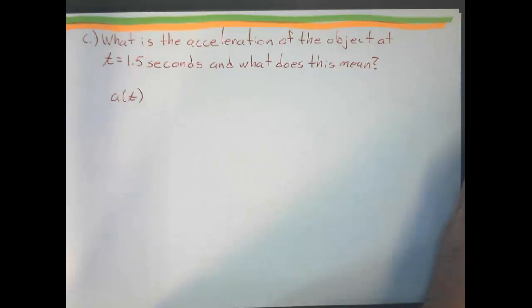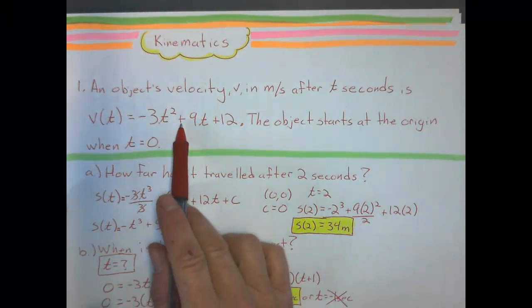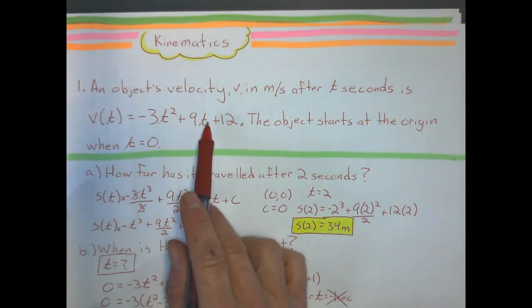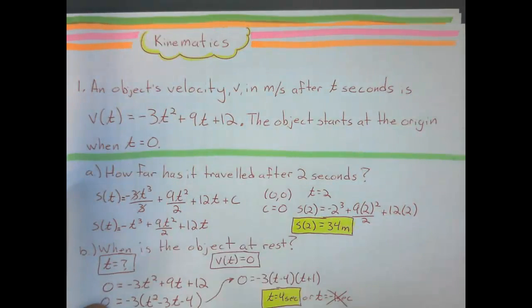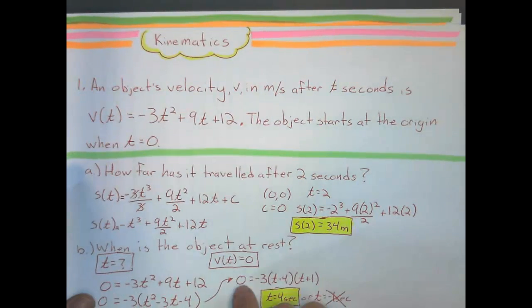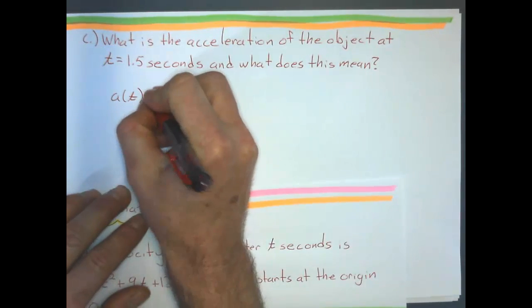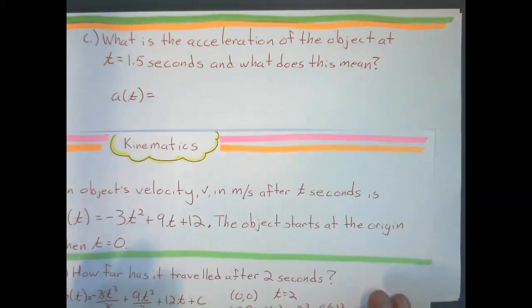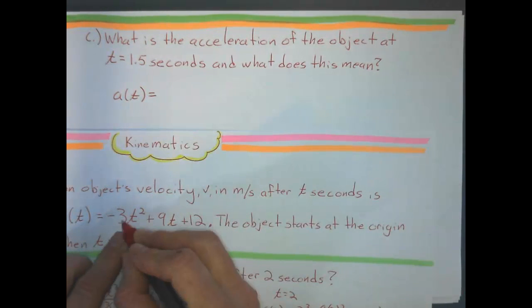Here's the velocity function. How do I get the acceleration function? Do I differentiate or anti-differentiate? I'm going to differentiate to get one more there. I won't forget the equal sign this time. Remember how I do that? I multiply by the power and take 1 off the power.